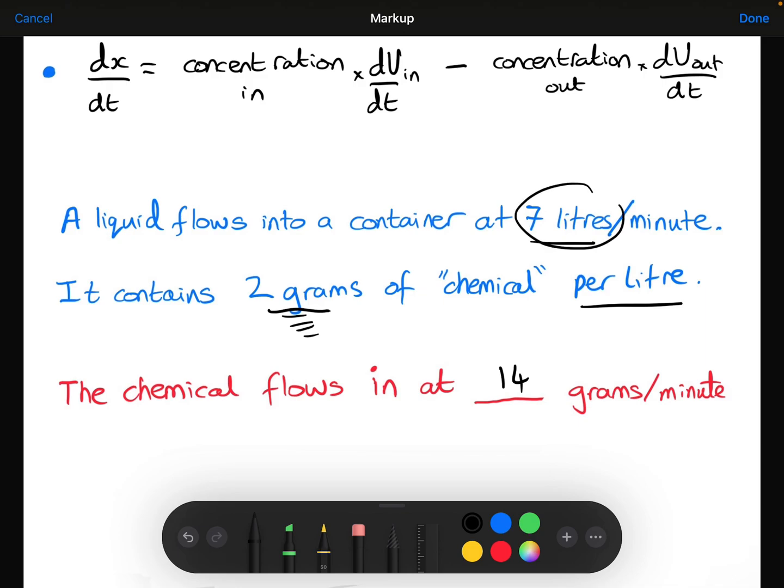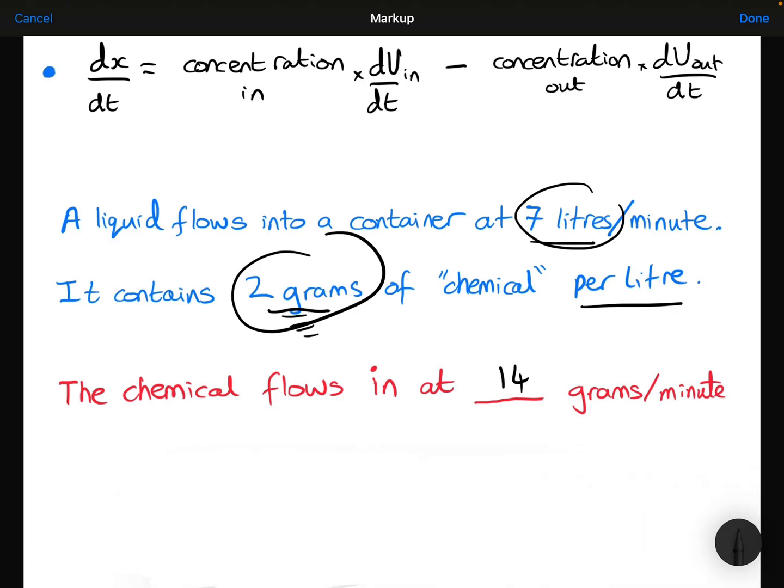We're just going to multiply these two things together, which in terms of connecting rates of change should hopefully make sense, because our flow rate here is dV by dt, the volume in litres per minute.